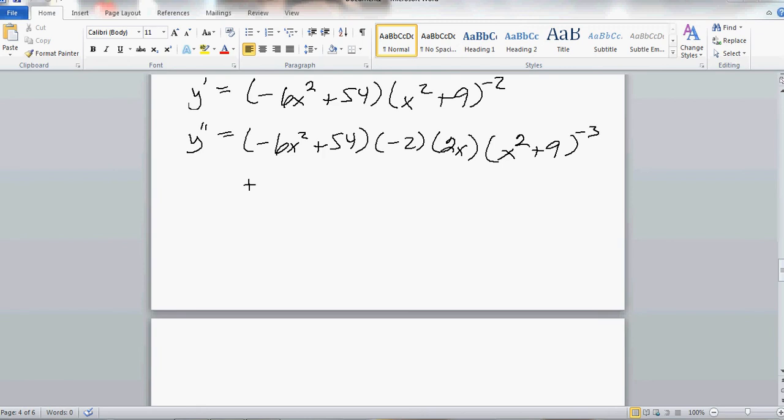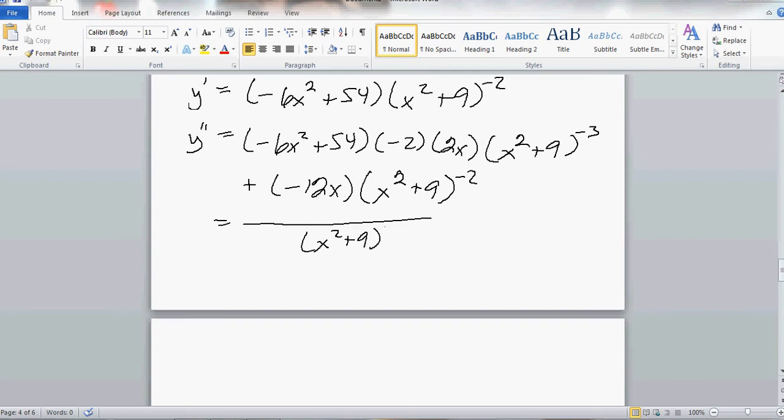Plus, take the derivative of this, which would be negative 12x times, leave all the rest alone. So clean this up, and here's where it doesn't come in so nice. We have x squared plus 9, the quantity cubed.